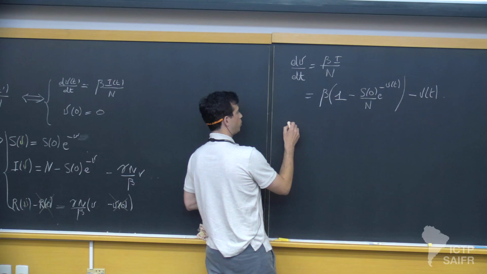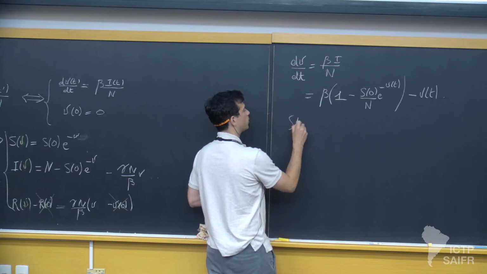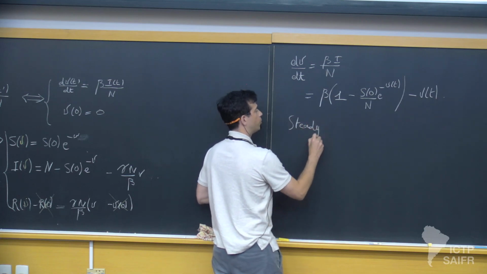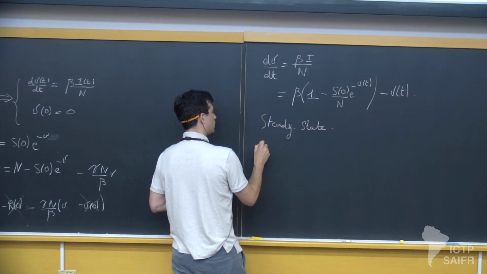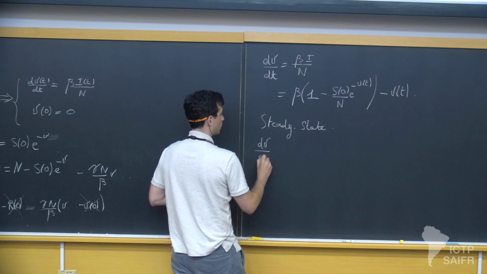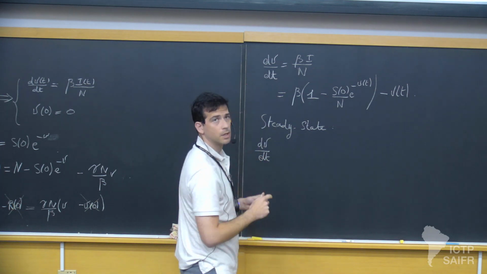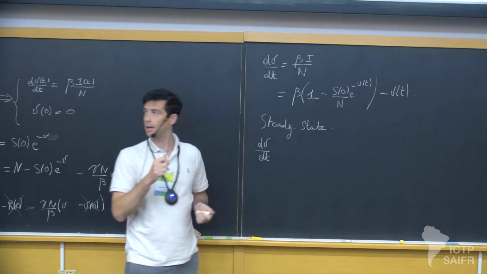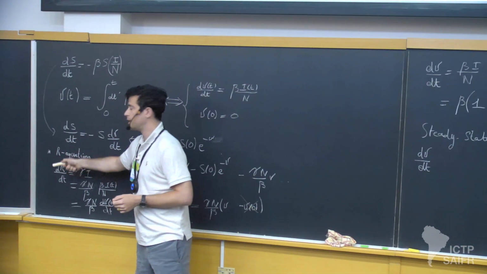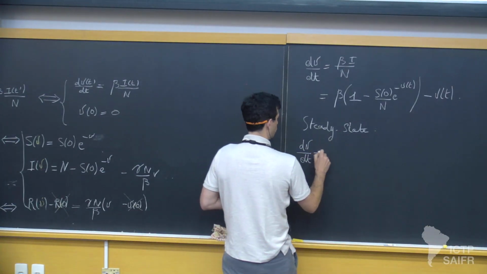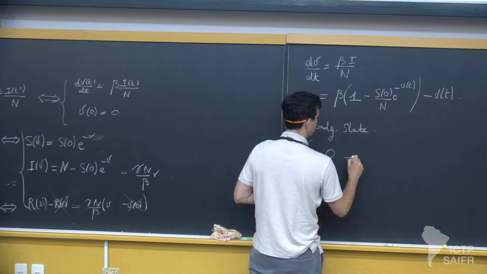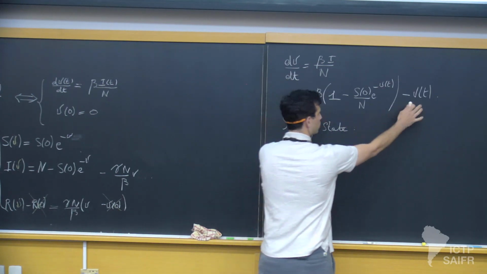What can we also learn? You can learn about the steady states, right? What is the endpoint of the epidemic? Well, by definition, the steady state is when, as you've learned with Roberto and the previous teachers, ds over dt, di over dt, dr over dt is equal to 0. Or you can do it like this: d nu over dt is equal to 0, which means you have this whole thing equal to 0.